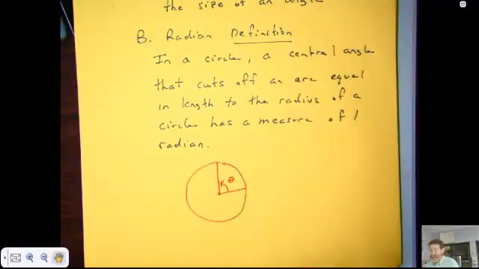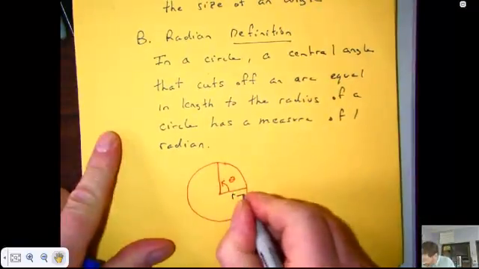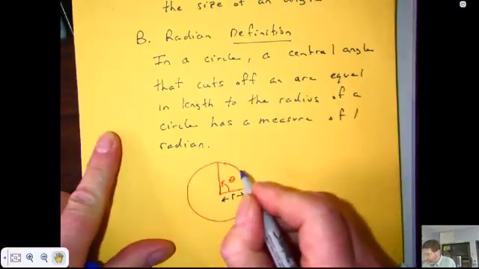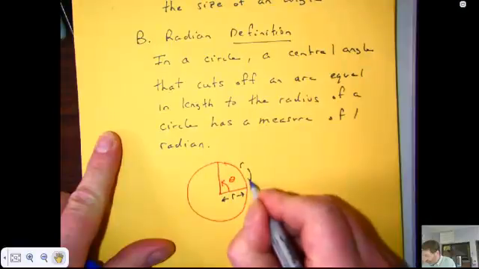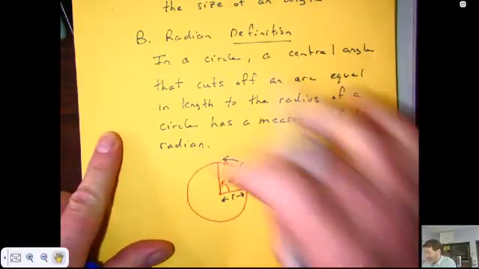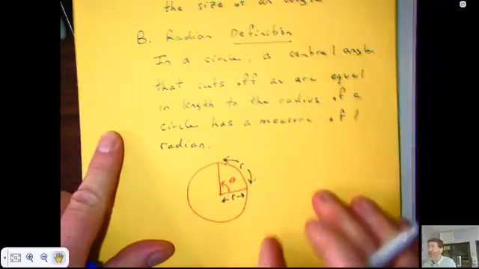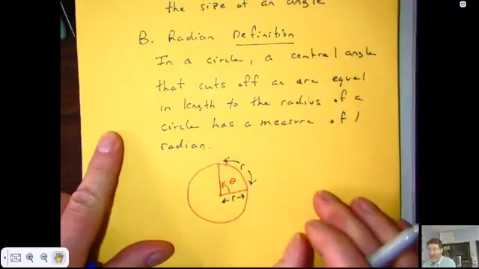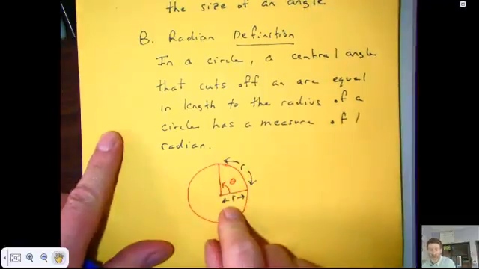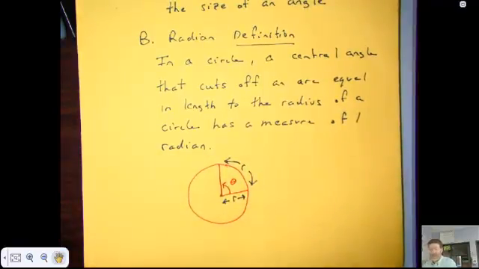Now, if this is my radius from here to here, and the arc length we cut off from here to here is the same, right? So this should be the same. That would equal 1 radian. The angle that cuts off an arc length equal to the radius is 1 radian. So by definition, that's what 1 radian is.